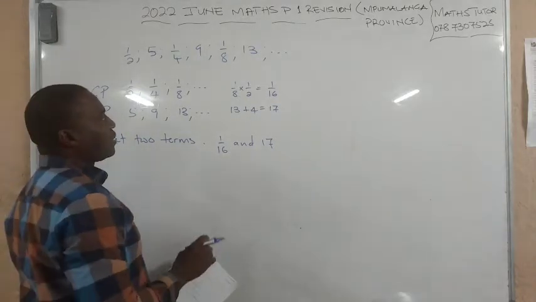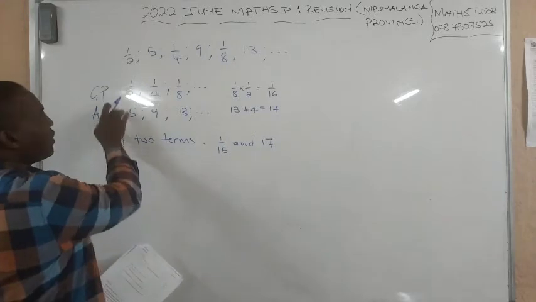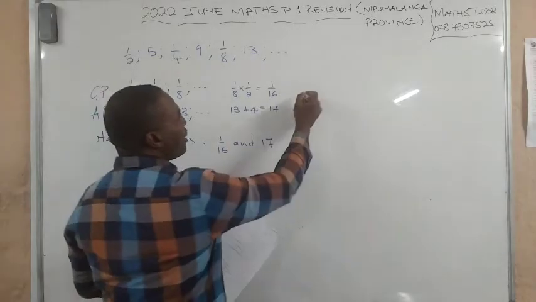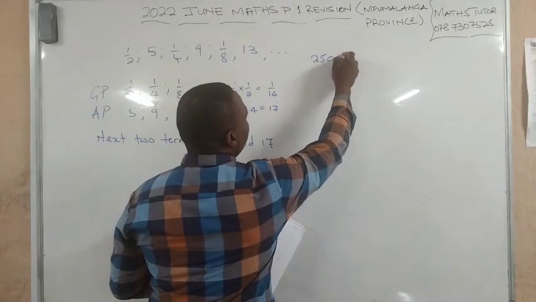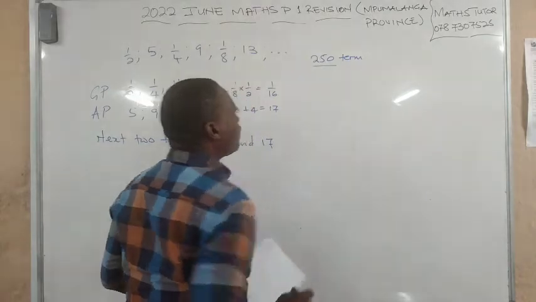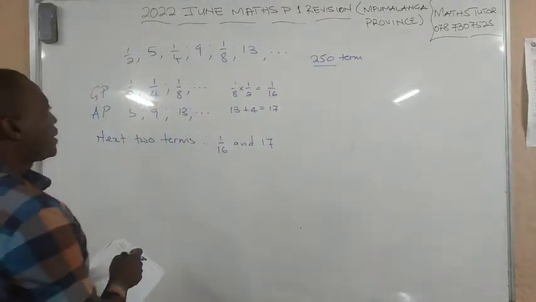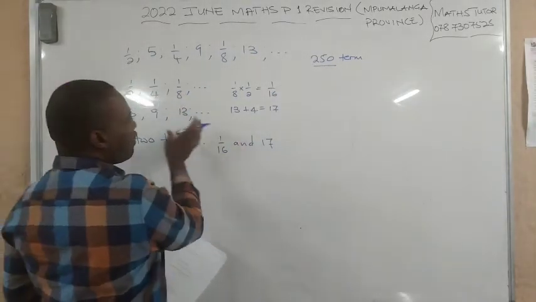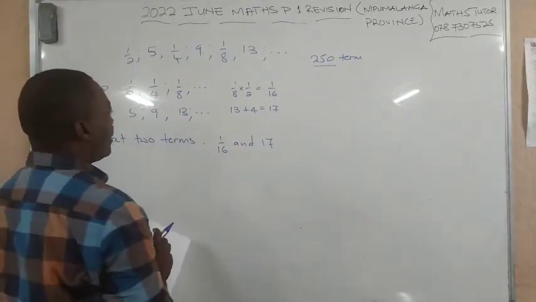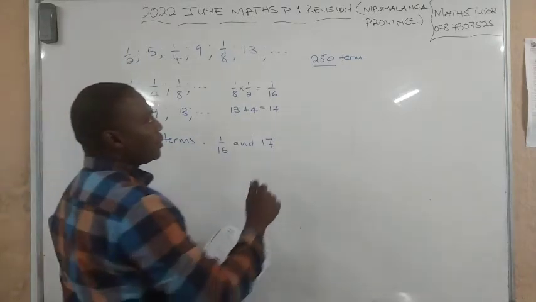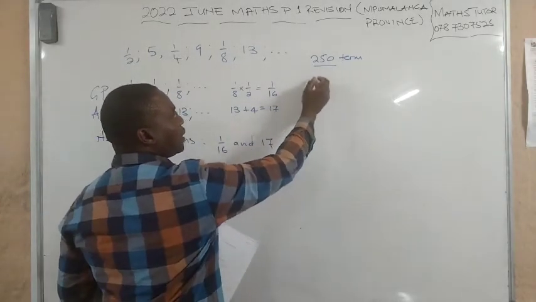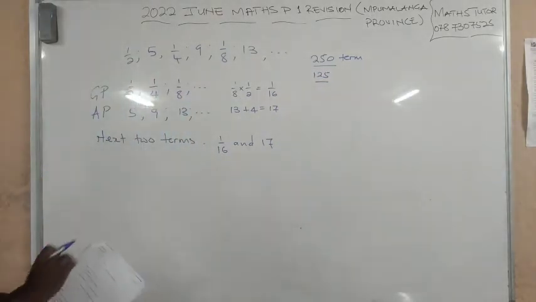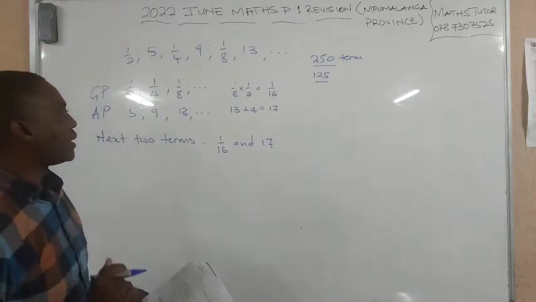So we need to find the sum of the terms in these progressions. The question says 250 terms, and 250 is an even number, which means half of them come from the geometric and half from the arithmetic. Half of 250 is 125.